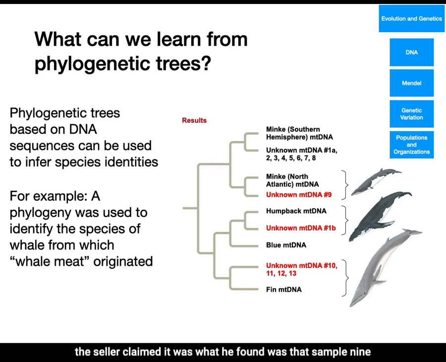What he found was that sample 9 was very similar to samples from minke whales in a protected population and genetically different from that of the minke whales from the southern hemisphere. That is, sample number 9 was in the same taxon as North Atlantic minke whales. He also found that sample 1b was from humpback whales, and 10, 11, 12, and 13 were from a fin whale. What's important about exploring this is that both humpback and fin whales are protected as endangered species worldwide.